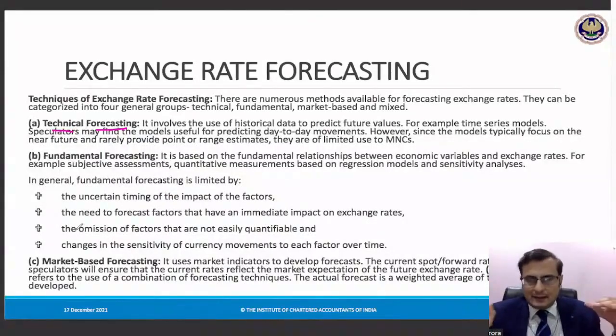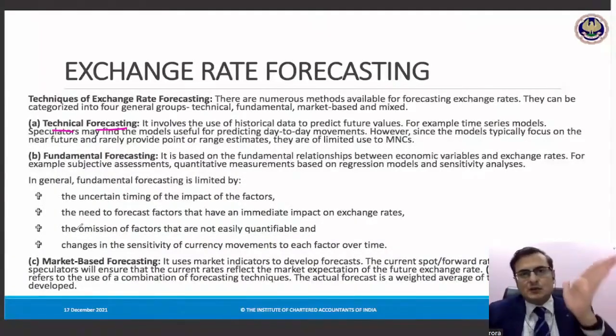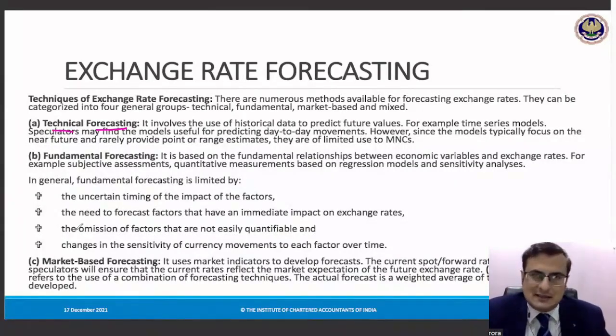Don't do the trading. Just when you get time, look at the INR USD dollar chart for the past 1 year. I'm not showing it here, I just don't want to waste time. You will see that the graph is going like this, from 73 to 74, 75, 76, and yesterday it crossed 76.26 in the spot market.